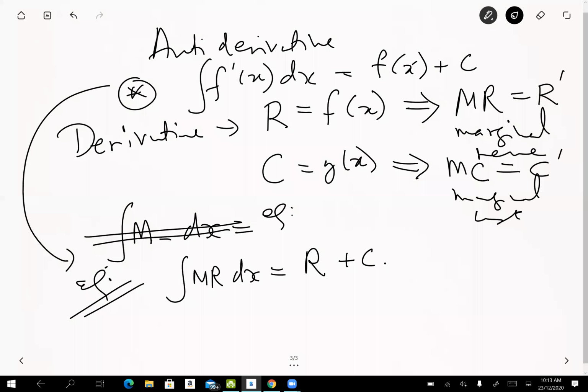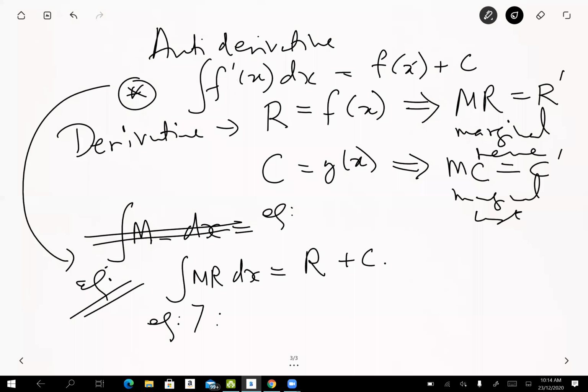If you look at example number 7, you will see that the marginal revenue is given as 300 minus 0.2x, and if you read the details, x is the quantity sold.